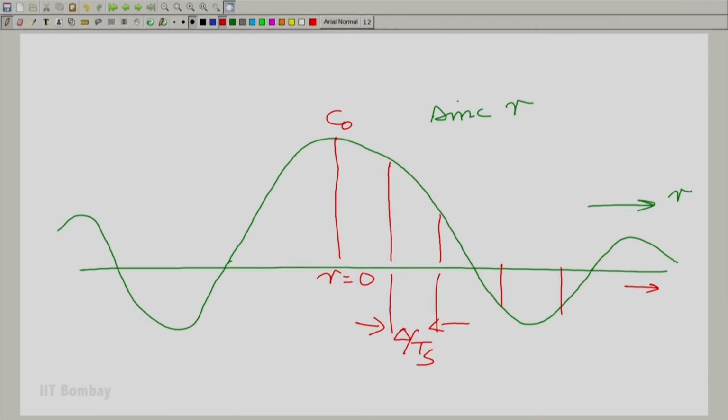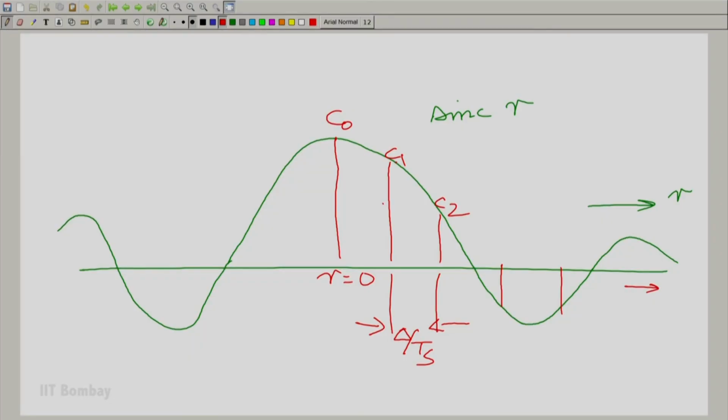You are actually getting Ck's, C1, C2, so C1 would come here, C2 would come here, and so on. Those coefficients are actually reducing at first. So, you have this situation where delta by Ts is not 0, but is not too large either. You have taken samples from the main lobe and these samples are of decreasing magnitude.